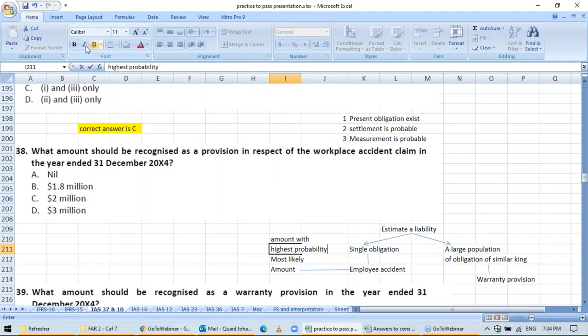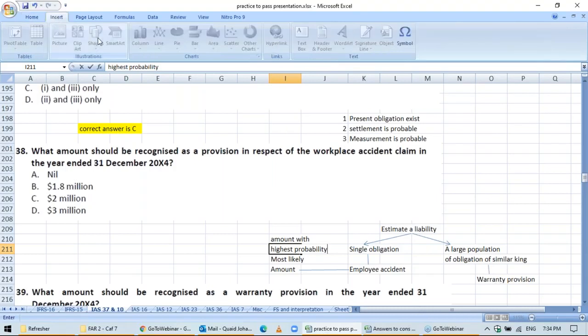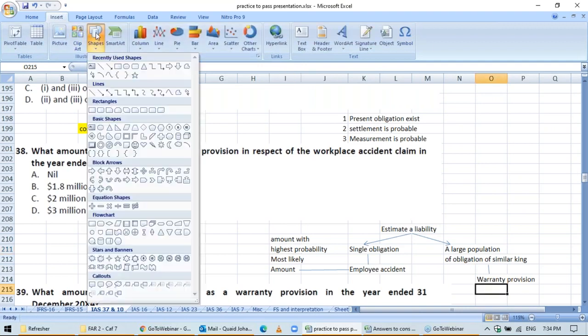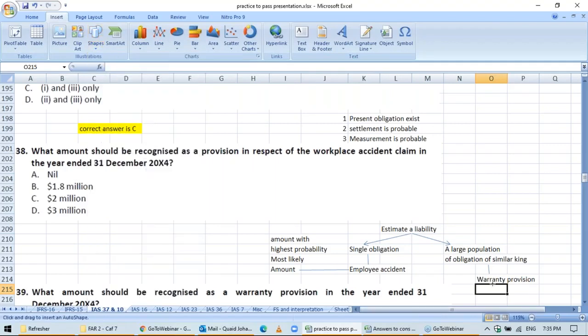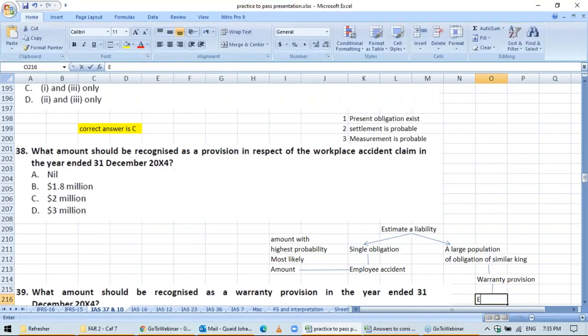And the warranty provision will be recorded at the average because again and again it will occur. So over here you have to calculate the average. It won't occur only once. So over here you won't take the best estimate, you will be taking an expected value. Expected value is a weighted average.